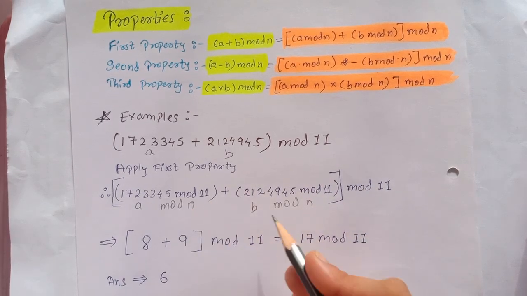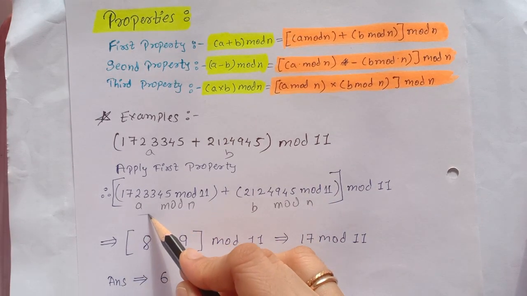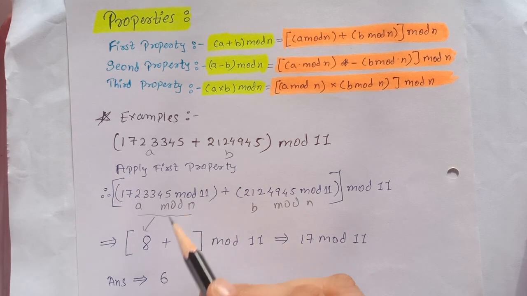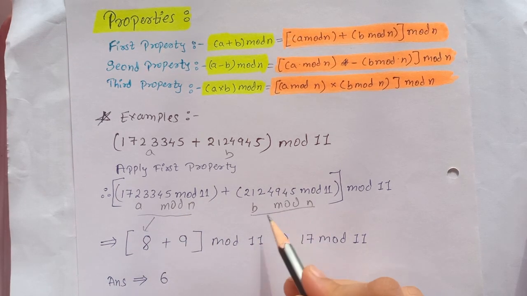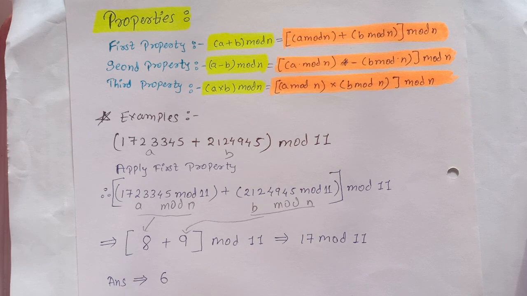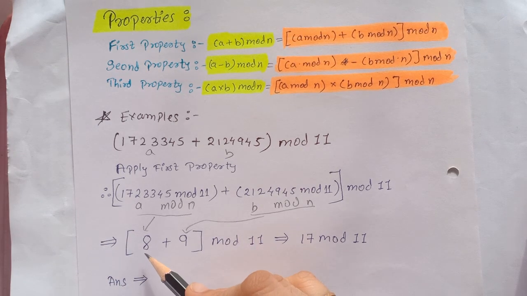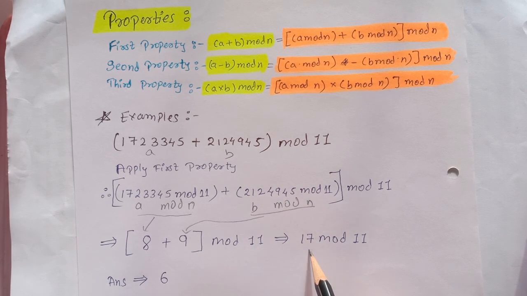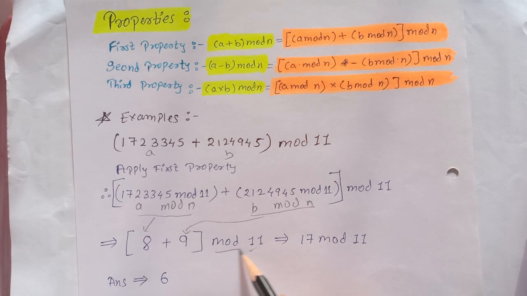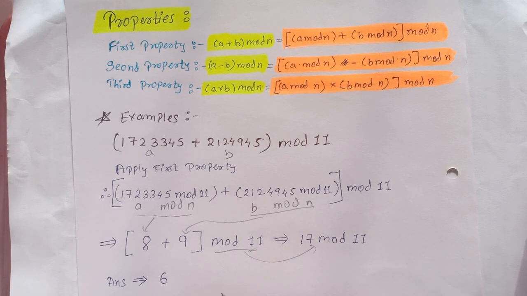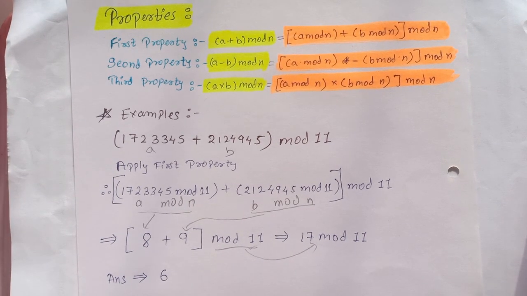The answer of a mod n is 8. The answer of b mod n is 9. So 8 plus 9 becomes 17, and 17 is bigger than n. So we perform mod n: 17 mod 11, and the answer we get is 6.